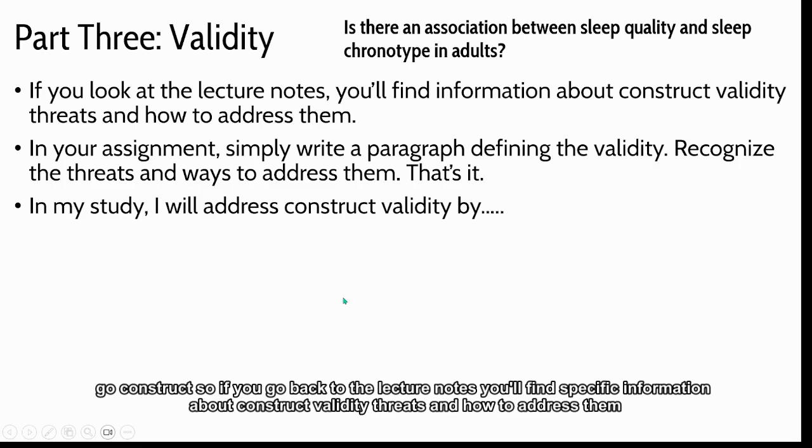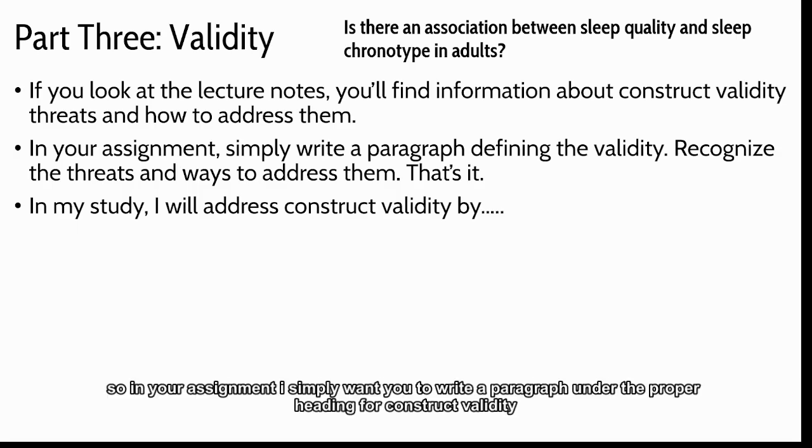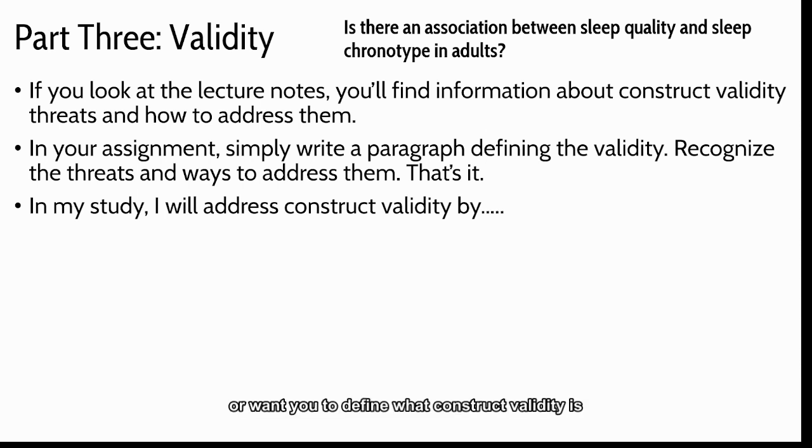So if you go back to the lecture notes, you'll find specific information about construct validity threats and how to address them. So in your assignment, I simply want you to write a paragraph under the proper heading for construct validity. I want you to define what construct validity is, recognize the threats that were in the presentation, and then tell me some of the ways that you're going to address them. That's all you have to do.